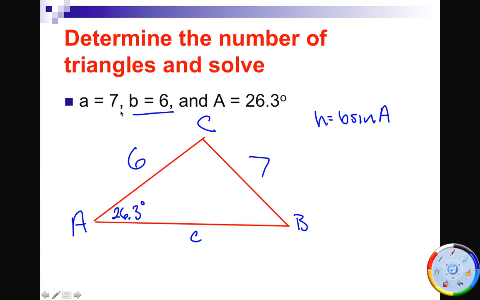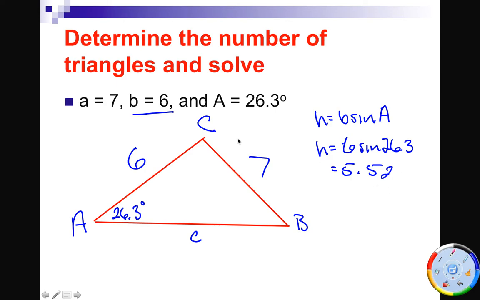Well, luckily they gave you a and b here. So we're looking at h equals 6 times the sine of 26.3. You do this calculation really quick. And we go 6 sine of 26.3. And I get 5.52-ish. Okay?